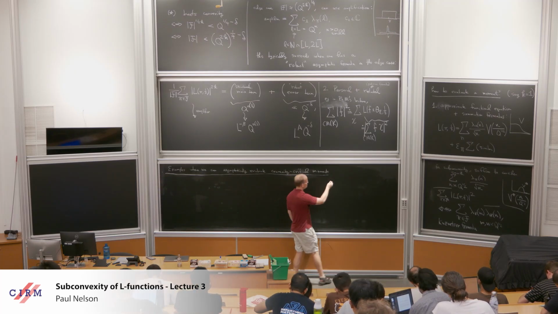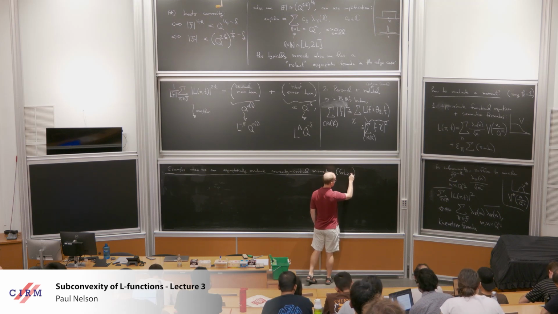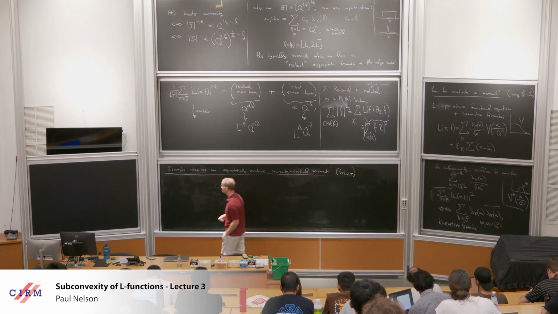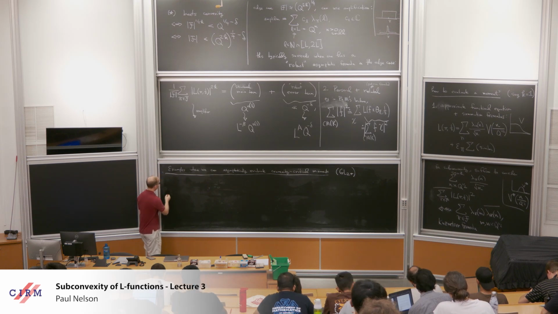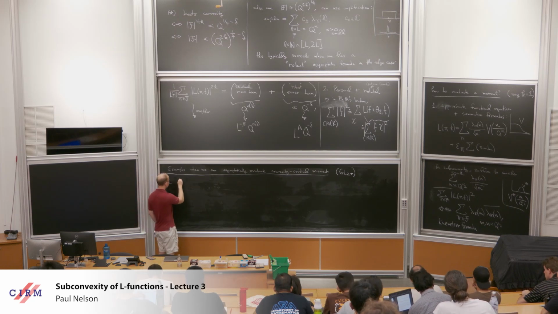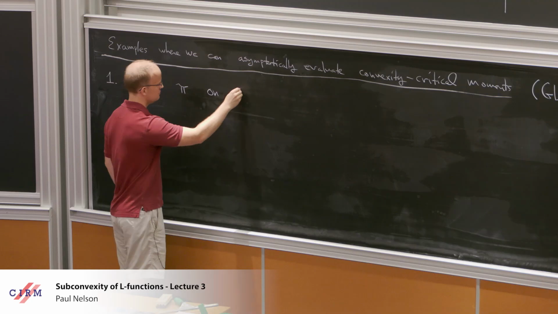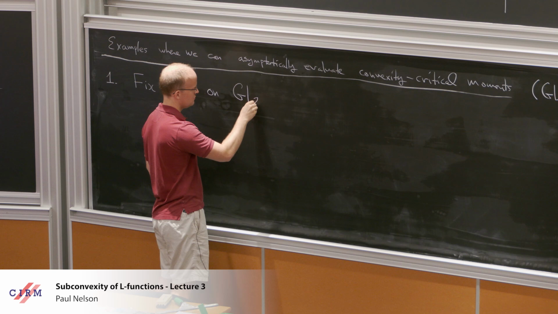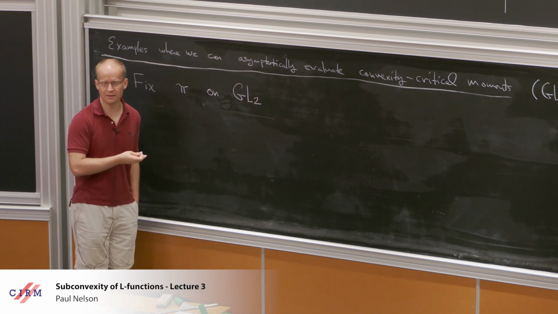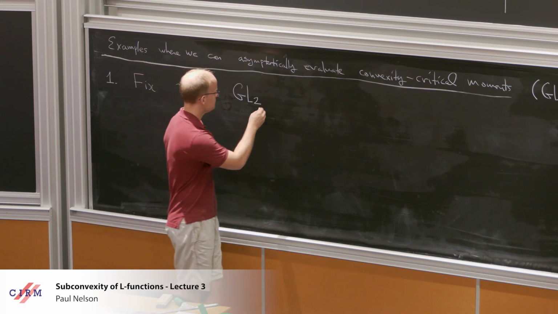And so again, I'm just going to talk about GL2 and higher, since that's the focus of this week. Okay, so one would be the case where we do what? Maybe we fix pi on GL2. So think pi is like a classical modular form or the representation attached to it.